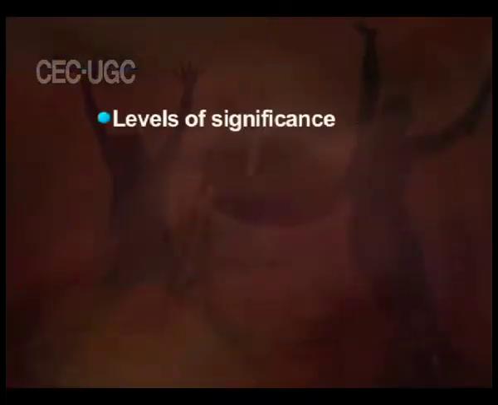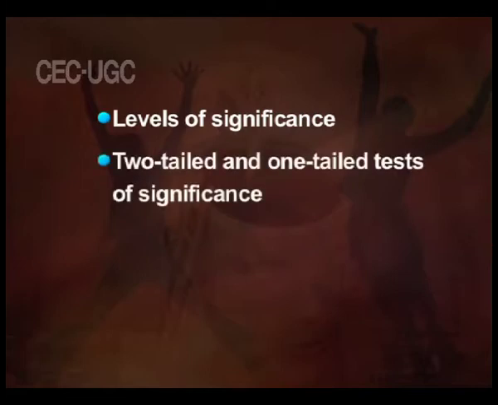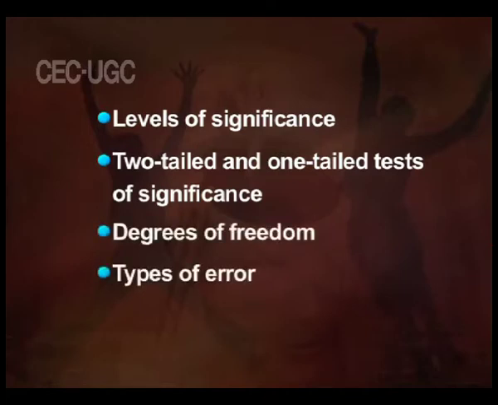The dependent samples t-test, paired samples t-test or correlated t-test is used when we have a single group or a matched group. Here, we would intend to find out the difference between two testing conditions. We also looked at the concepts relevant to calculating the t-test, such as levels of significance, two-tailed and one-tailed tests of significance, degrees of freedom, and types of error.